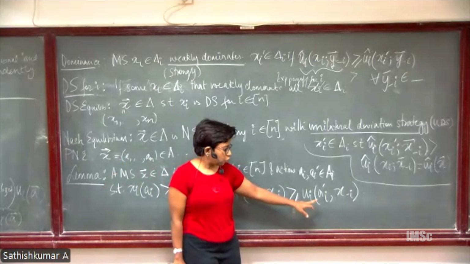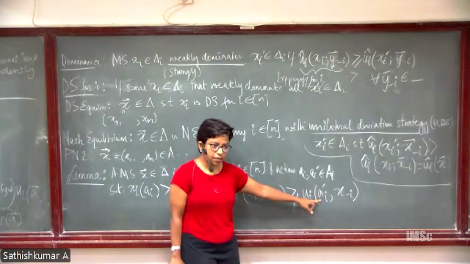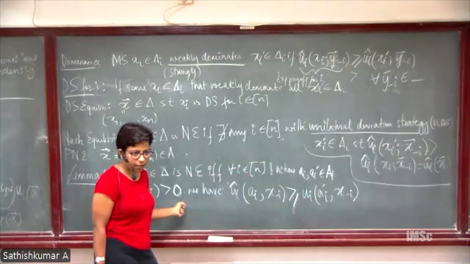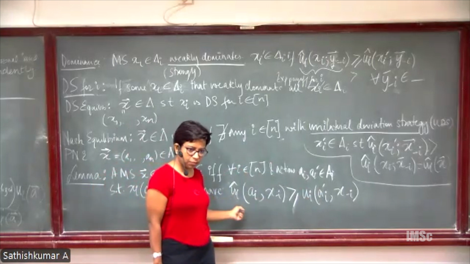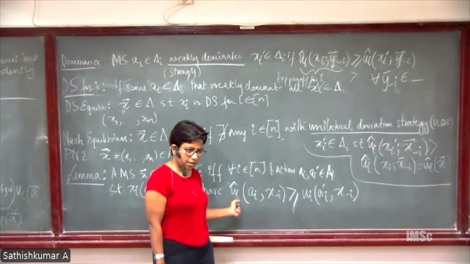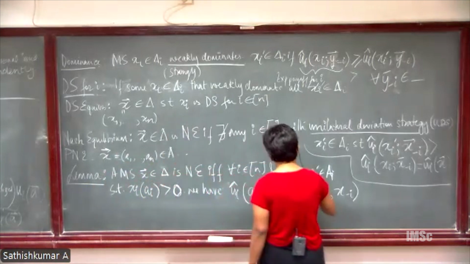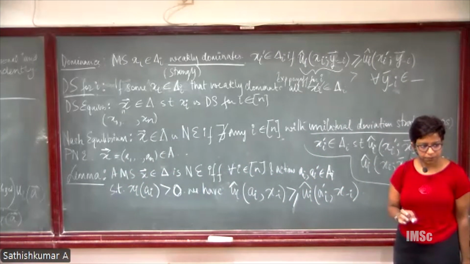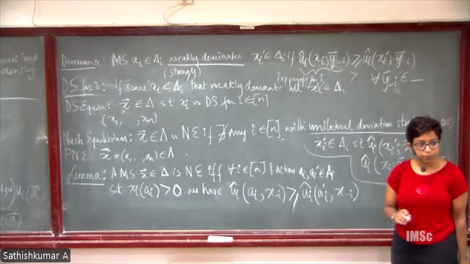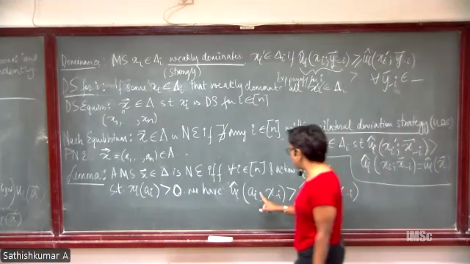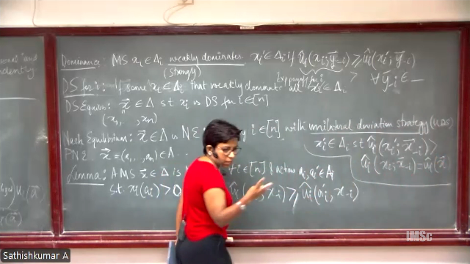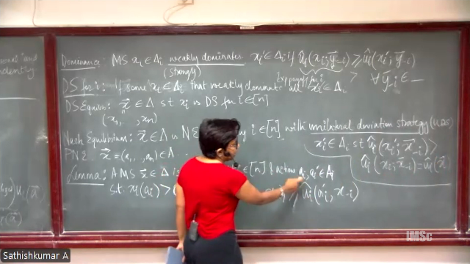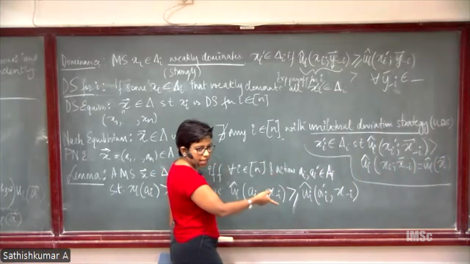Okay, so notice one thing: if A prime I is also in the support of Xi, then you will get the same utility. This is bidirectional, meaning if A prime I is also in the support, A prime I and AI can switch places and I could apply the same thing.